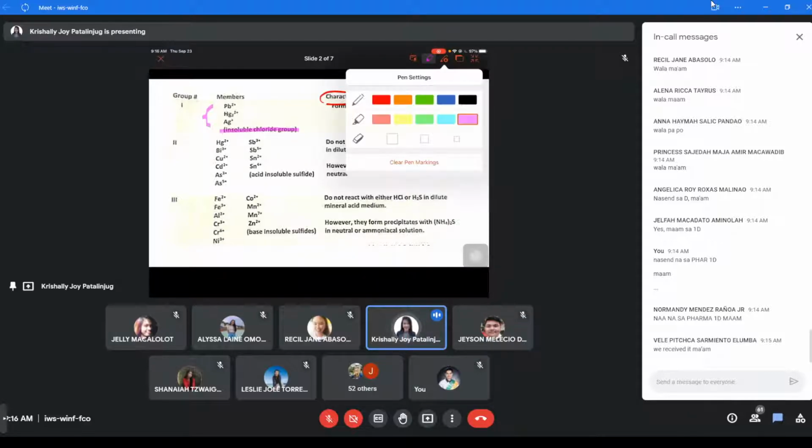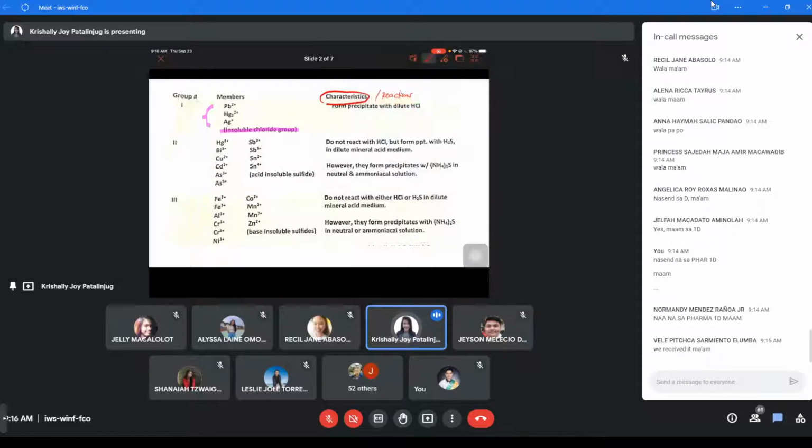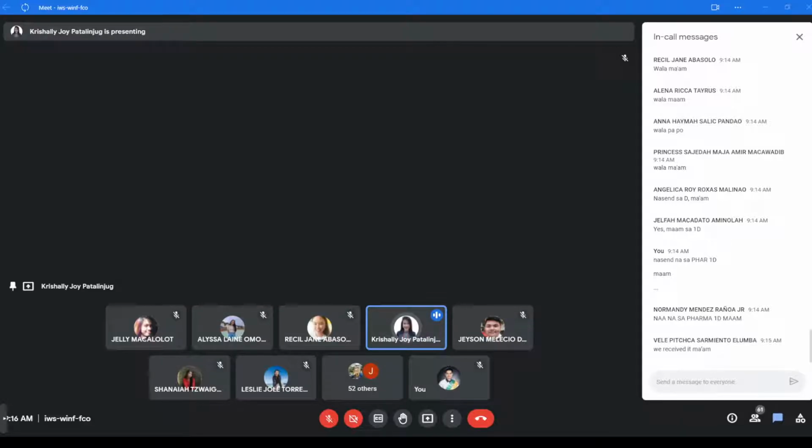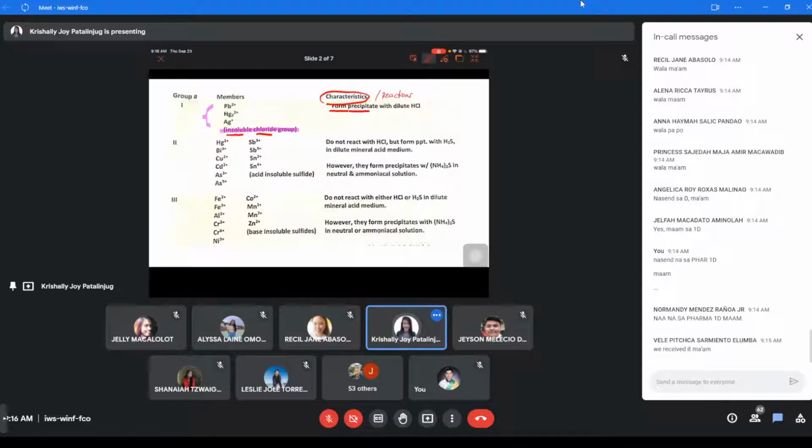It says here, insoluble, meaning they form a precipitate when chloride substances are added. That's why it says here, they form a precipitate with hydrochloric acid. And hydrochloric acid has a chloride in its compound.